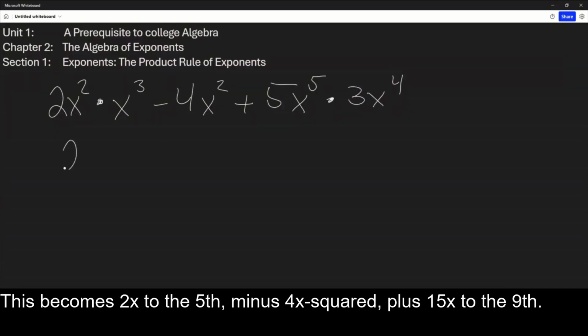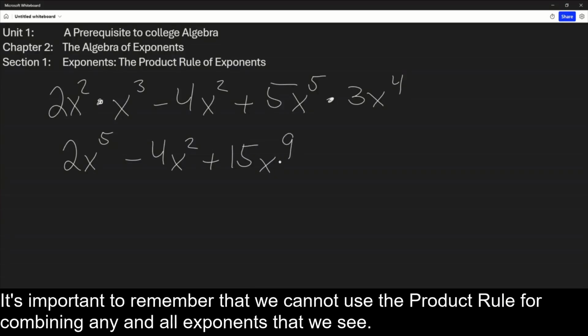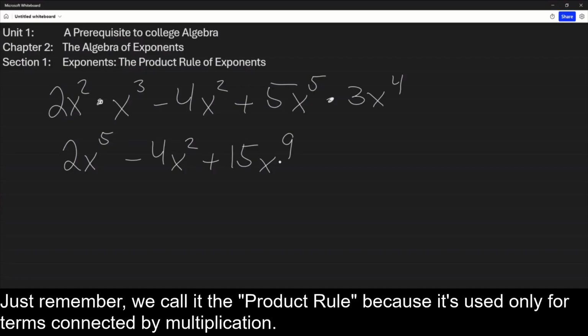This becomes 2x to the 5th minus 4x squared plus 15x to the 9th. It's important to remember that we cannot use the product rule for combining any and all exponents that we see. Just remember, we call it the product rule because it's used only for terms connected by multiplication.